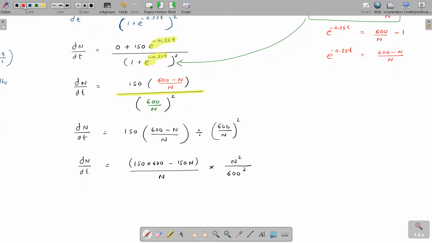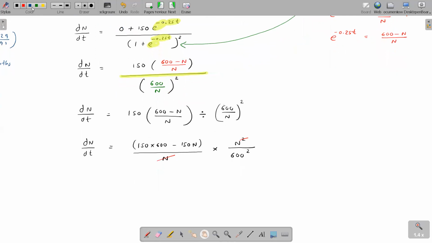Okay, are you guys following me? One n will cancel off here, and one n will cancel off here. So dn by dt equals, what do we get here?